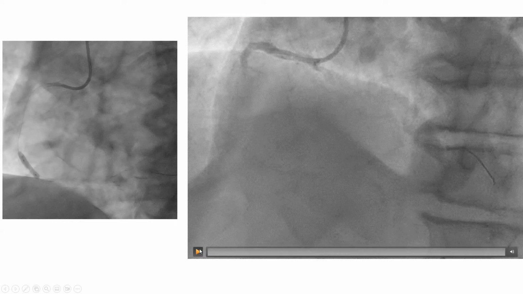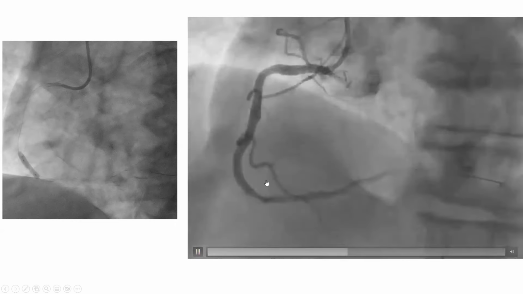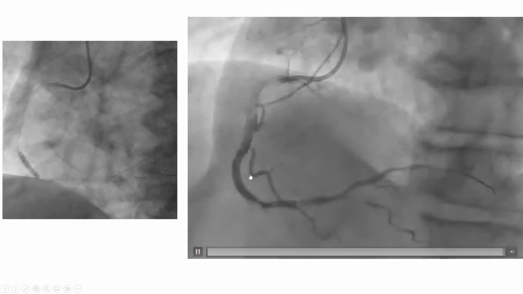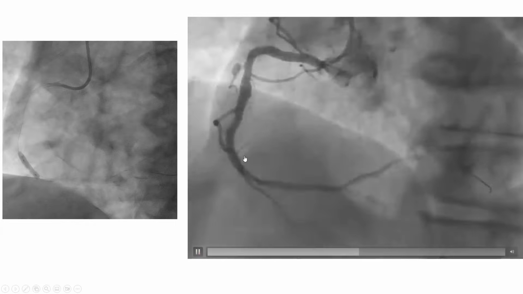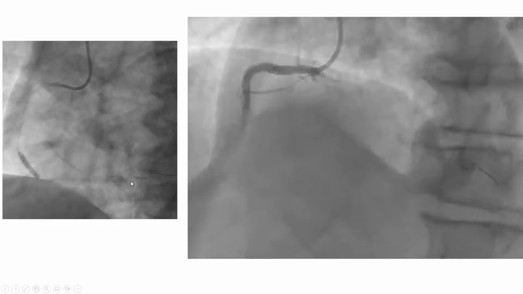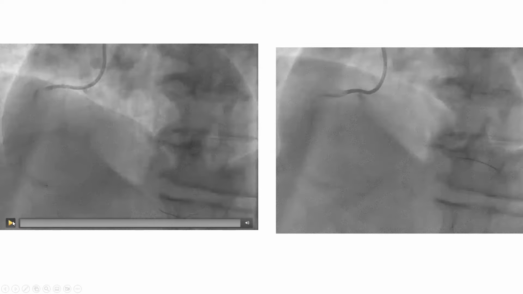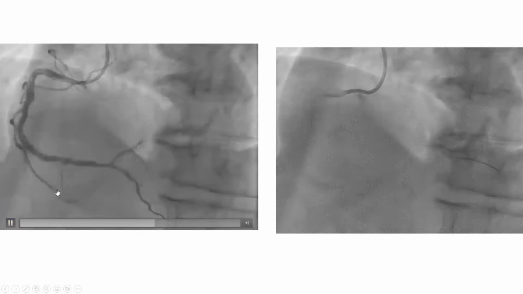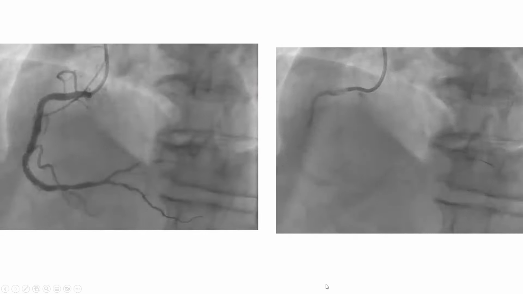But there was recoil. I didn't get a good balloon result, which is what I expected. The lesion yielded, however, which told me that if I put a DES, I should have a good result. So that's what I did. I eventually stented the lesion and I placed a DES with a very good result.